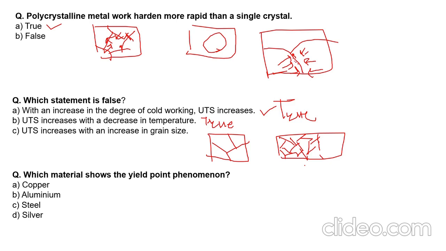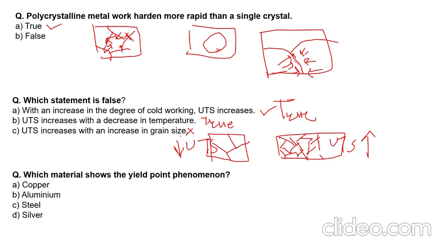We are imposing a restriction on the movement of dislocations. That is how we are strengthening the material. So in fine grain size, your ultimate tensile stress will be more, while in coarse grain size it will be less. So the statement that it increases with an increase in grain size is wrong, because it decreases with an increase in grain size. Okay.